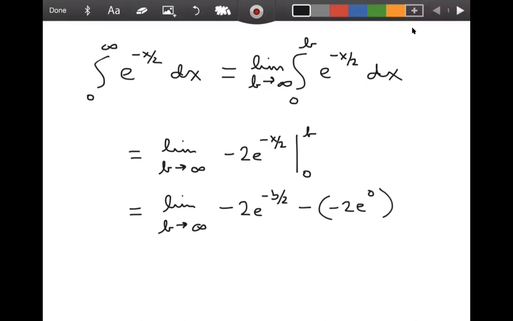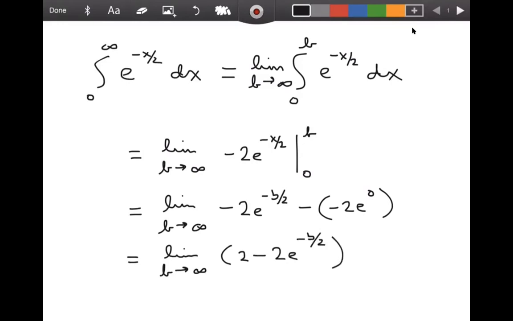All right. So that's the expression that they had over on the slide. I'll just rewrite it exactly the way they had it because negative 2e to the 0 is negative 2. So we have negative 2e to the negative b over 2 plus 2, aka 2 minus 2e to the negative b over 2.